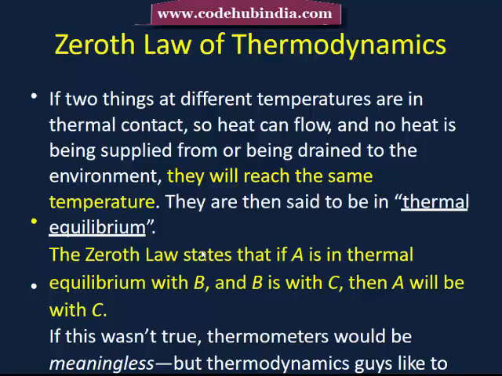The question is, what is the zeroth law of thermodynamics? If two things at different temperatures are in thermal contact, heat can flow, and if no heat is being supplied from or drained to the environment, they will reach the same temperature.